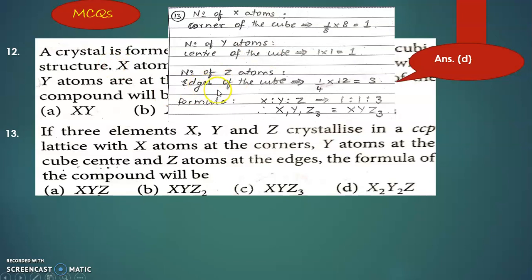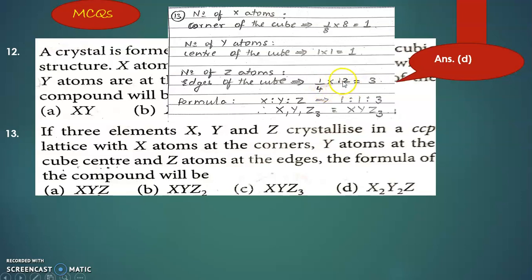Number of z atoms are present at the edges of the cube. Now each edge particle is shared amongst 4 cubes. So one particle will contribute only 1/4 of its part to the cube. There are 12 edges in a cube.